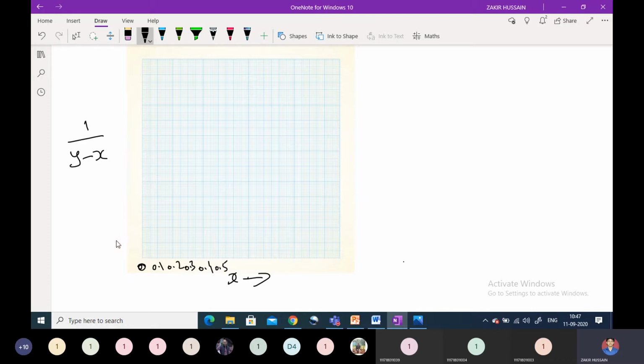Students suggest starting from 5: 5, 5.2, 5.4.